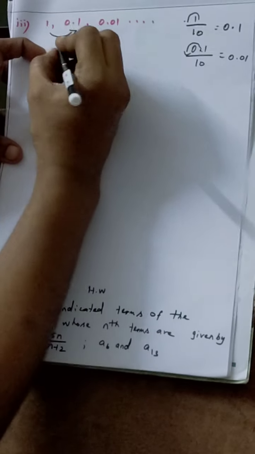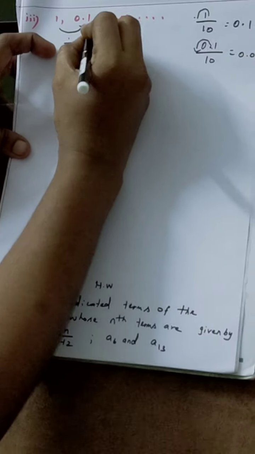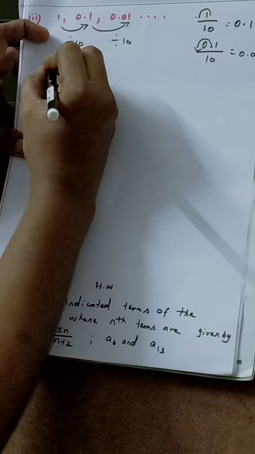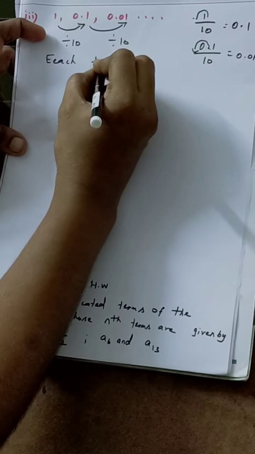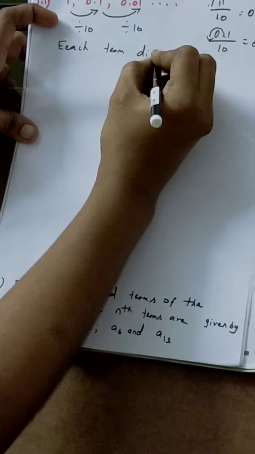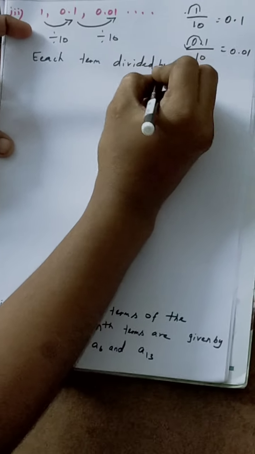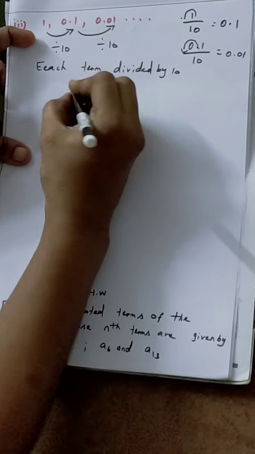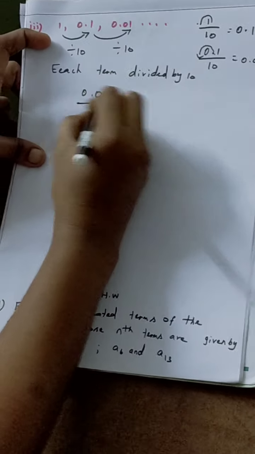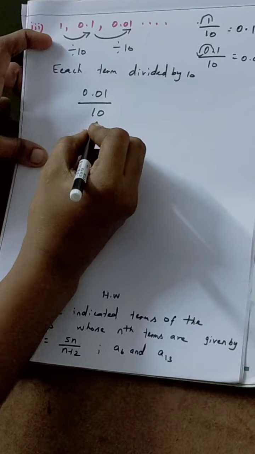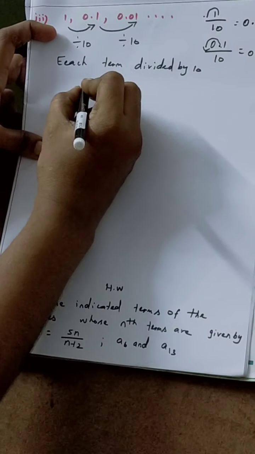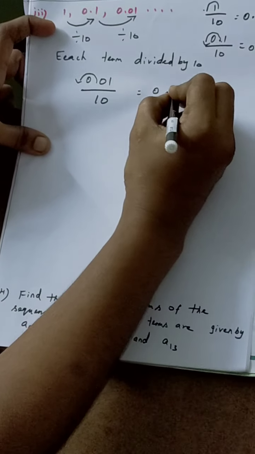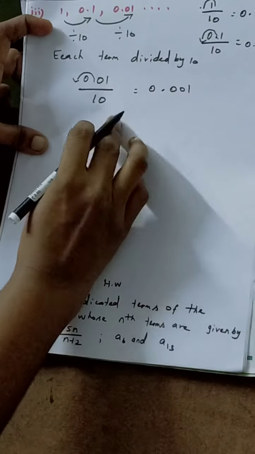Okay, so each term is divided by 10 only. Then find out the next 3 terms. Okay, and then the third term, what is the third term given? 0.01 divided by 10. So move the decimal point 1 place to the left-hand side. So what is the answer? 0.001 is the fourth term.